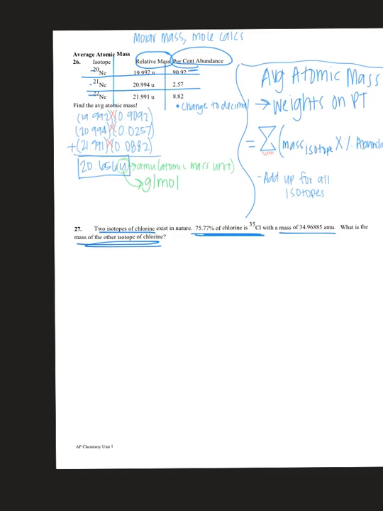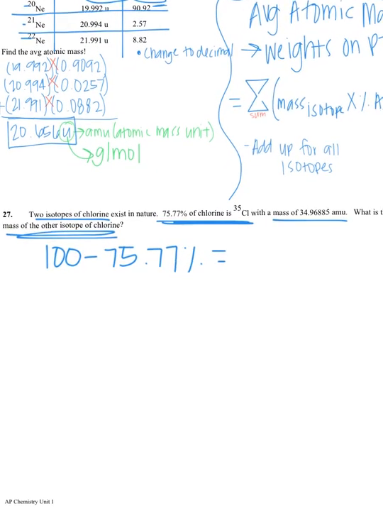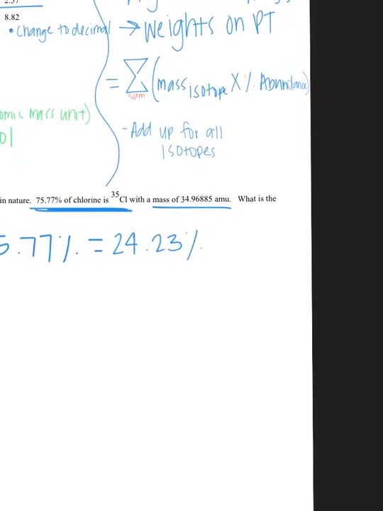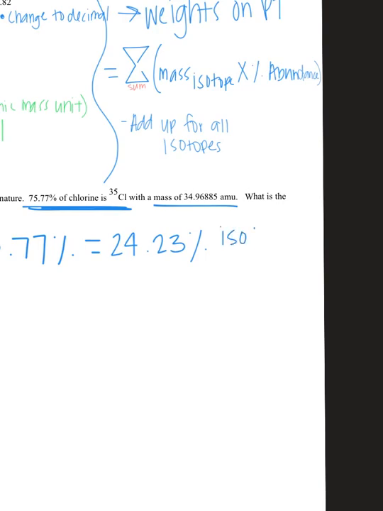I know there's two though, and I know that percents add up to 100, so I can do 100 minus 75.77%, and that will give me the percent abundance of the other isotope. So when I do this, I have 24.23%. And that's isotope, oh no, wait, undo. This is isotope number 2.